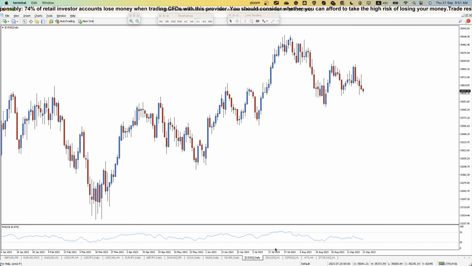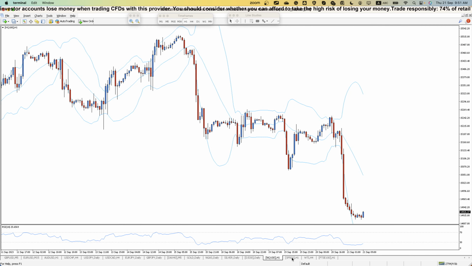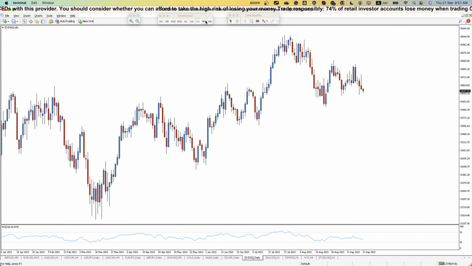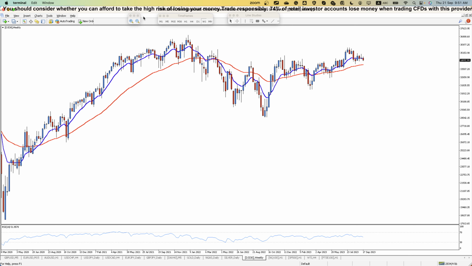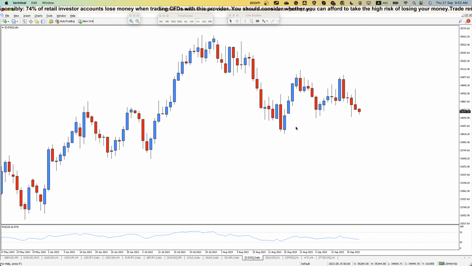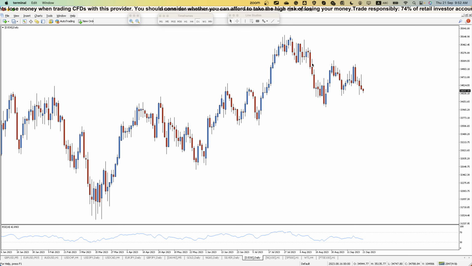Dow Jones as well as the Nasdaq and of course the S&P 500, all of them melted down due to the interest rates announcement yesterday in the US, as we see. But again, price action doesn't show anything to take advantage of as retail traders.